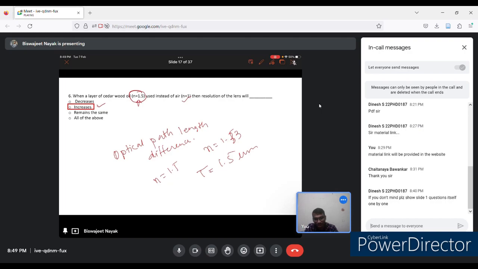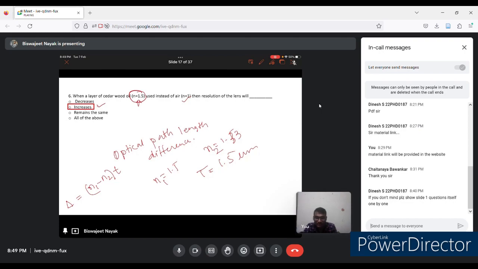I think N1. That formula I must use, sir, but I can't get that result. Delta is equal to (n - 1) into d. That formula I have, but I can't get the correct answer, sir. Can you tell again? Delta equal to n1 minus n2 into t. Okay, the formula is different there.